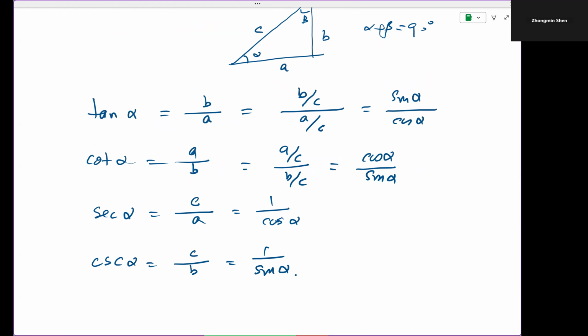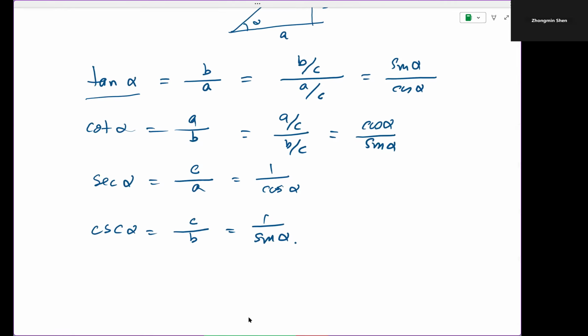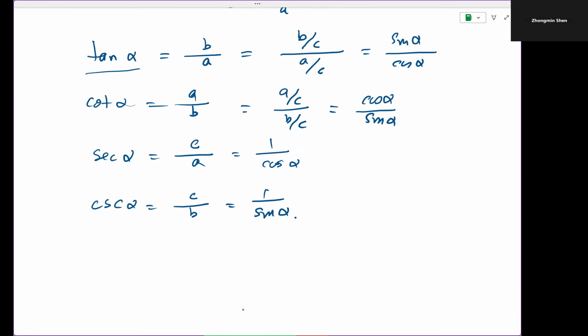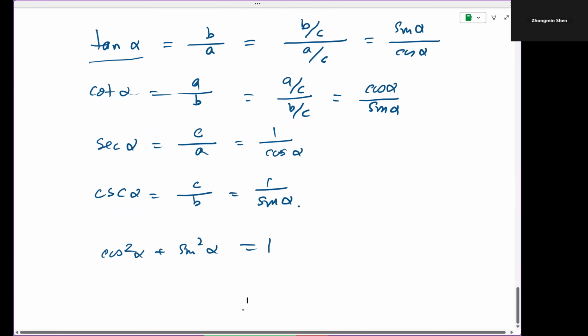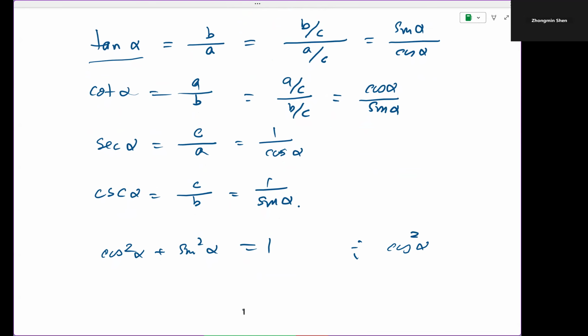Now I just want to mention only one formula, so you can derive more relationships. Let's look at tangent alpha. Remember, cosine square alpha plus sine square alpha equals 1, right? So let's divide both sides by cosine square alpha. Then what do you get?